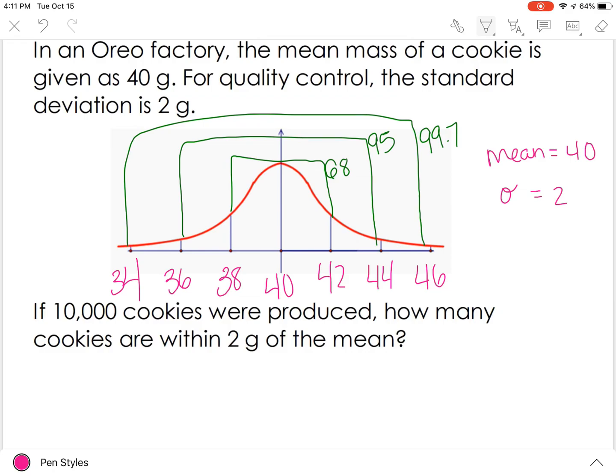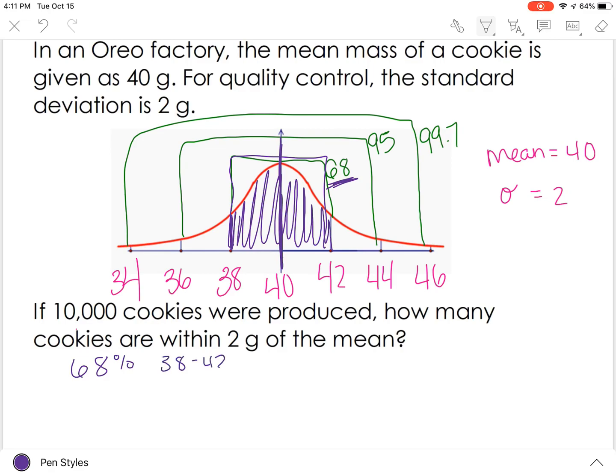We actually have a different question to answer for this one. It says, if 10,000 cookies were produced, how many cookies are within 2 grams of the mean? So here's our mean at 40. Within 2 grams would be everywhere from 38 to 42. Notice that 68% of the cookies are between 38 and 42.